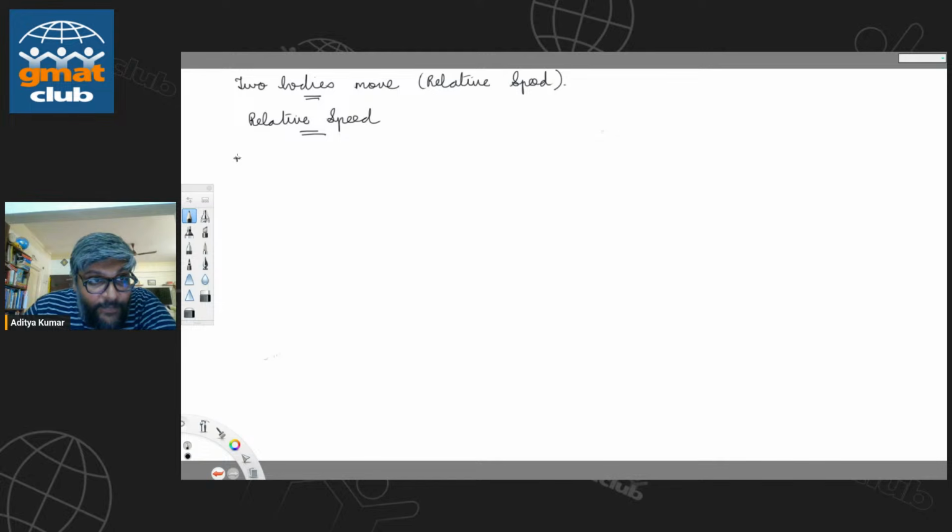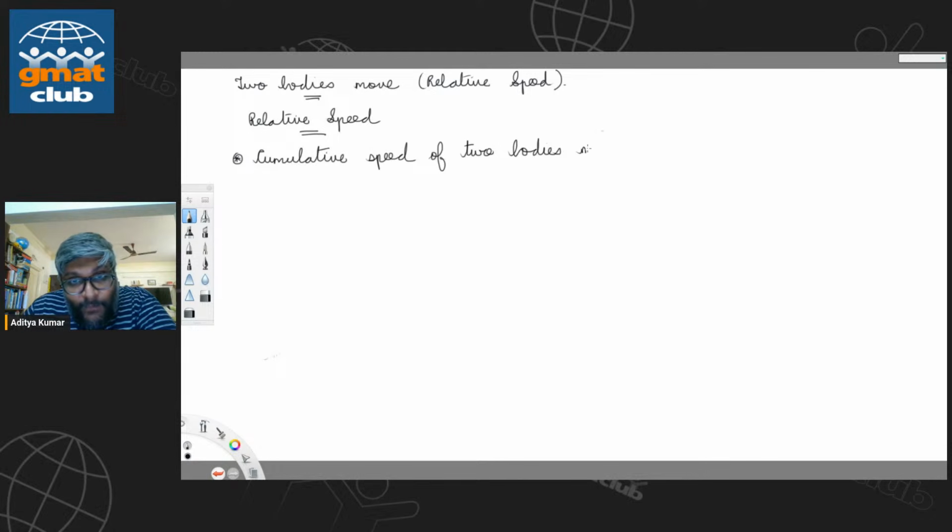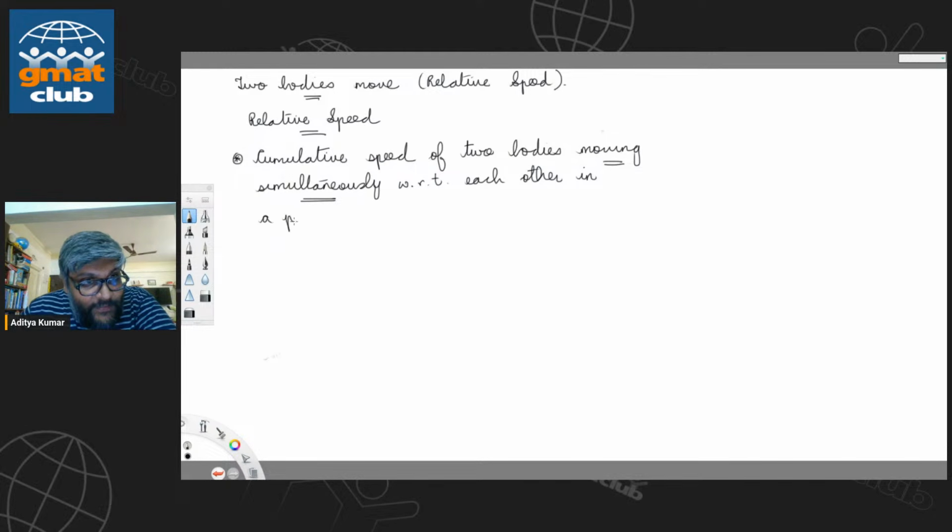Relative speed is the cumulative speed of two bodies moving simultaneously, the key word here is simultaneously, with respect to each other in a particular direction.